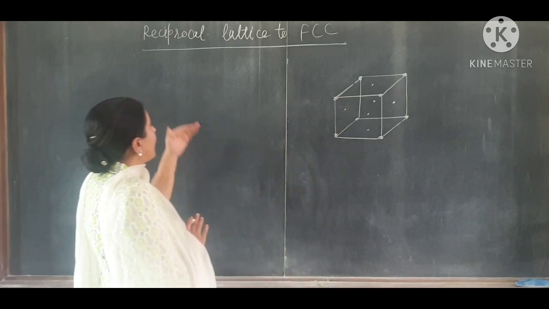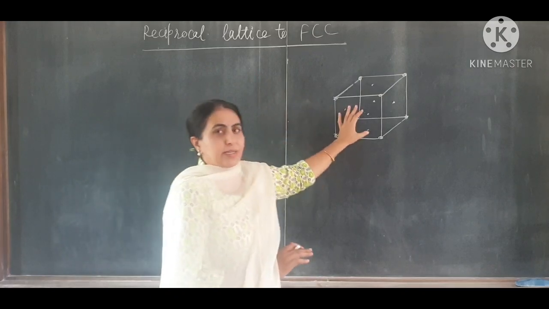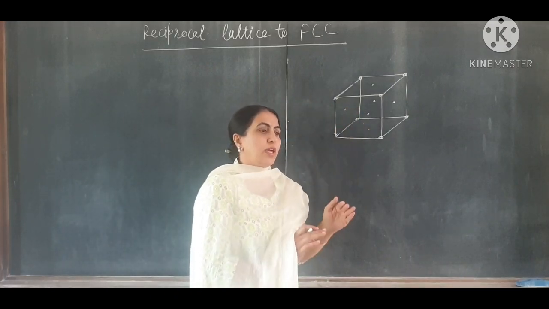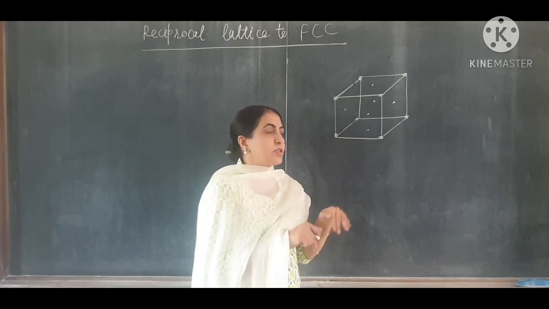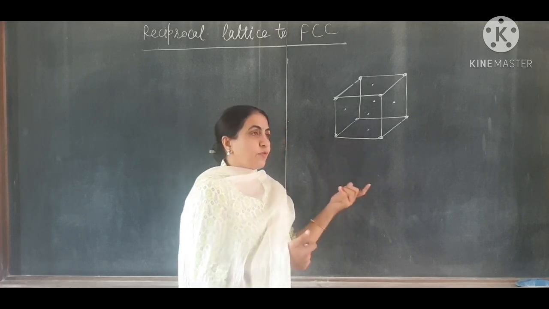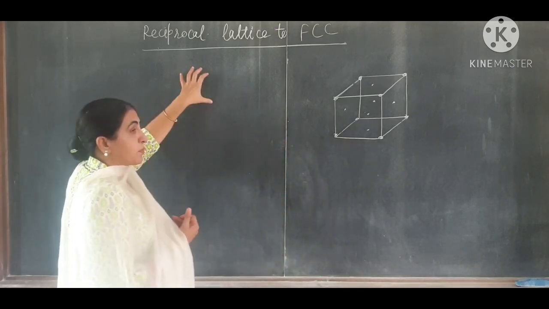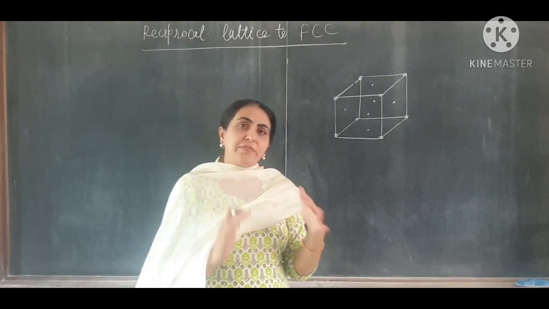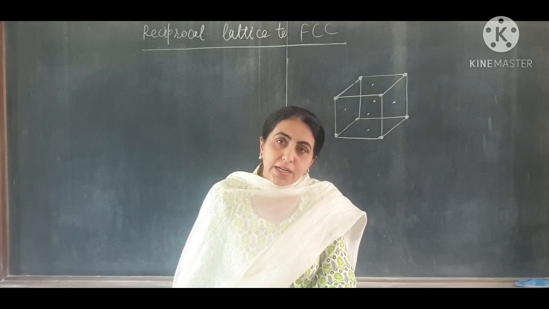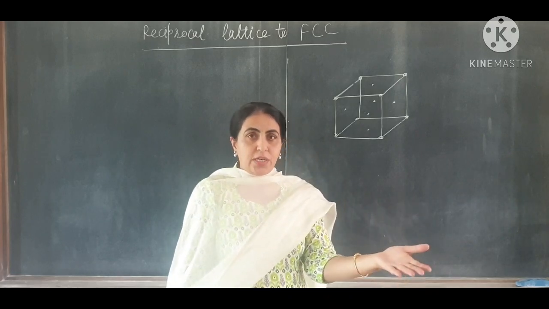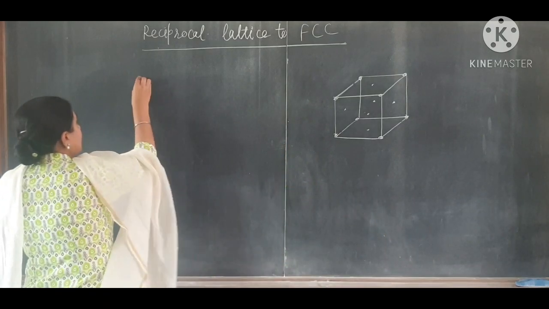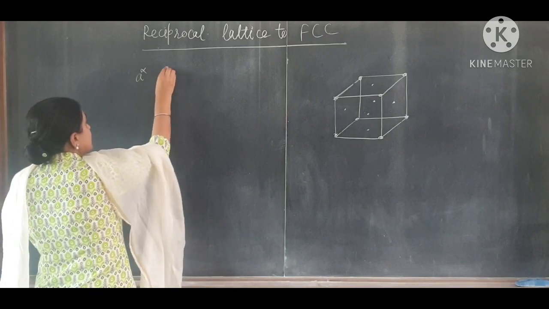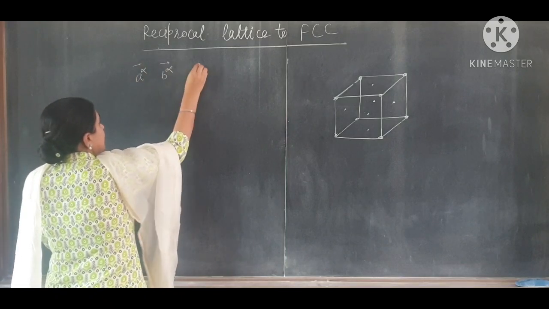Now to find out the reciprocal, this is the direct lattice. Now we want the reciprocal lattice to this direct lattice. So first, to find the reciprocal lattice, we must know the primitive translational vectors of the reciprocal lattice that we have derived: a star, b star, c star.